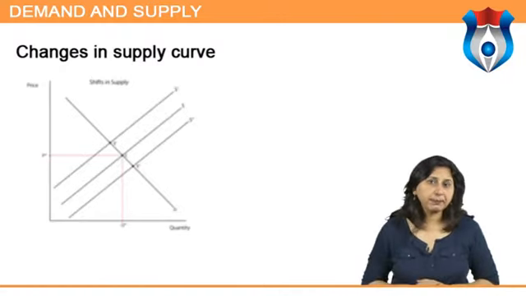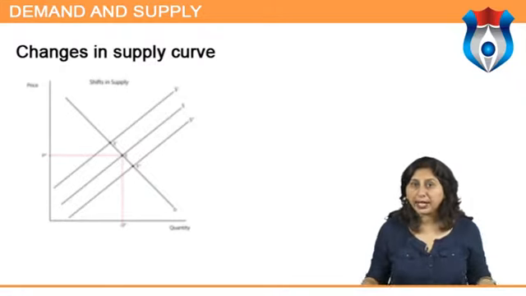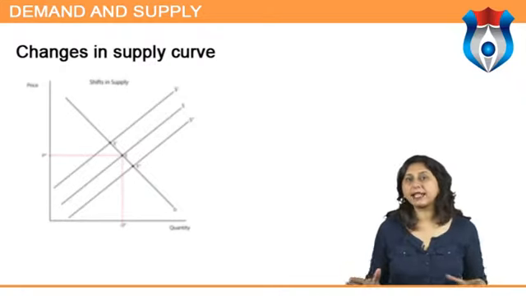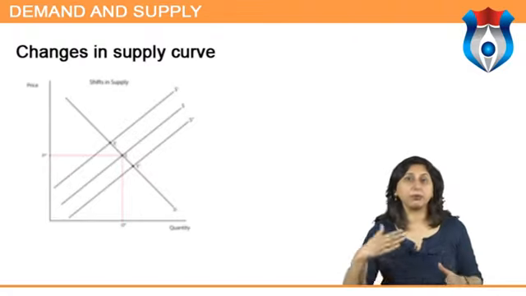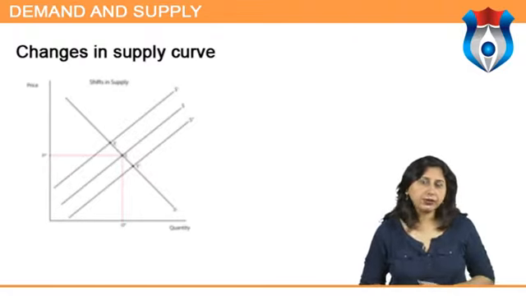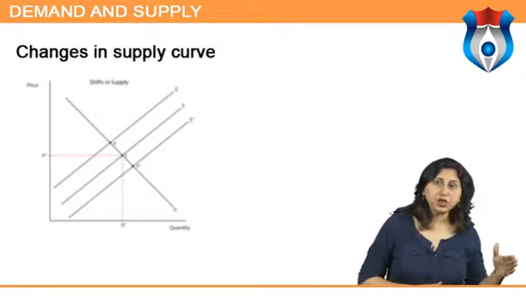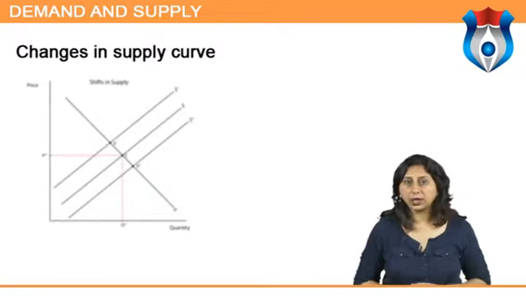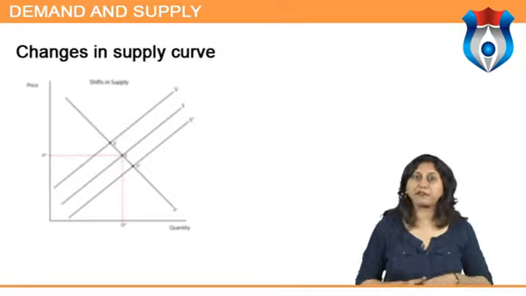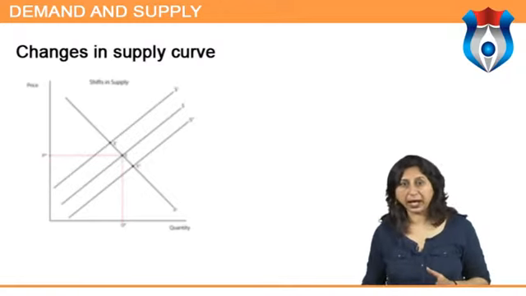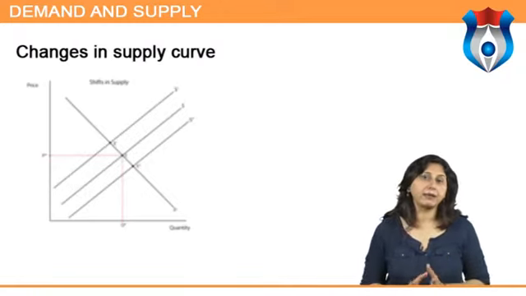It means that for every price, sellers are willing and able to sell more of the good. A decrease in supply is a leftward shift of the supply curve. It means that for every price, sellers are willing and able to sell less of the good.